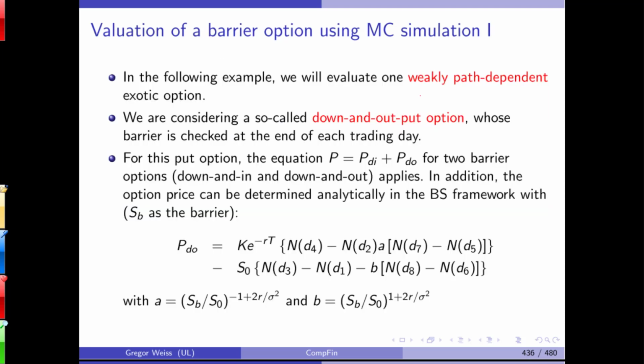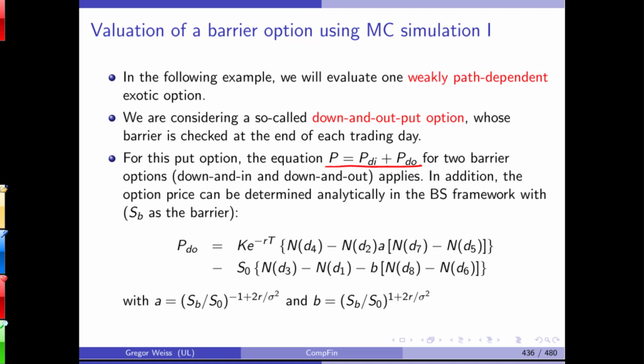Okay. Now, this was a case where we had a Black-Scholes price, actually quite a simple, plain vanilla option. Let's do a weakly path-dependent exotic option. A barrier option, we've already seen this, a down-and-out put, whose barrier is checked at the end of each trading day, meaning that for this put option, we have the equation P equals a down-and-in put plus a down-and-out put, two barrier options.